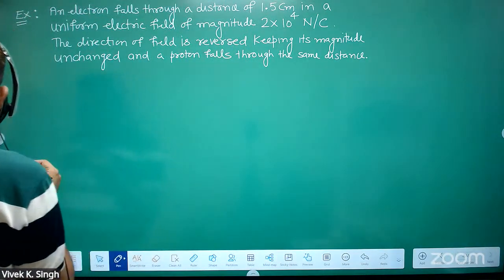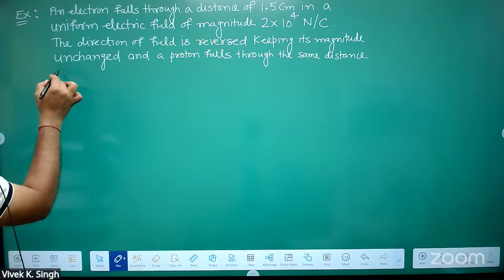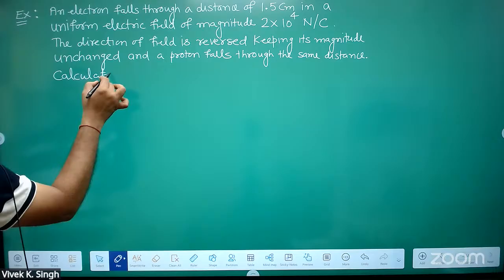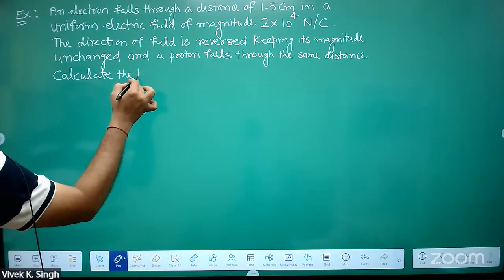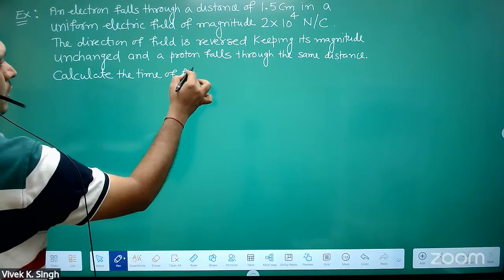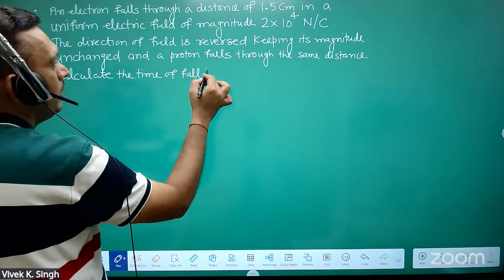Calculate the time of fall in each case.